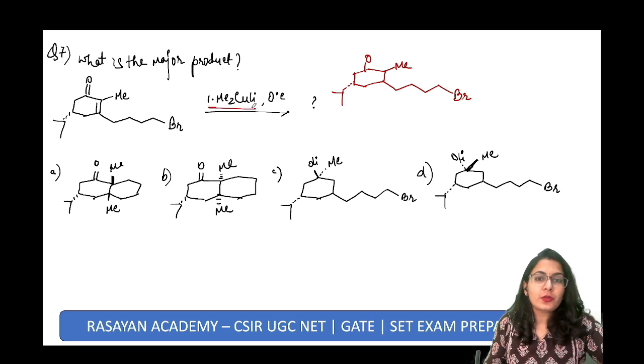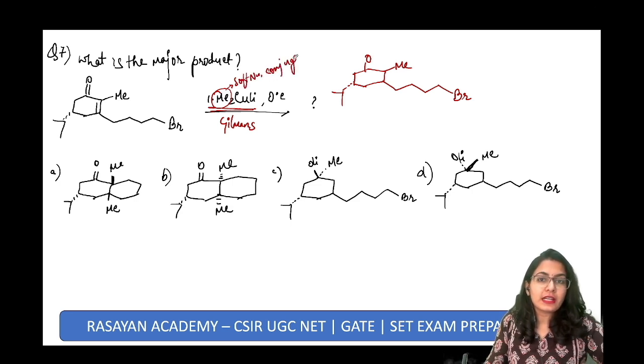Okay, so you know about the Gilman's reagent. When you have studied the organometallic reagents, you will know Gilman's reagent, where methyl is a soft nucleophile, is going to do a conjugate addition, that is the 1,4 addition onto this alpha beta unsaturated carbonyl system.